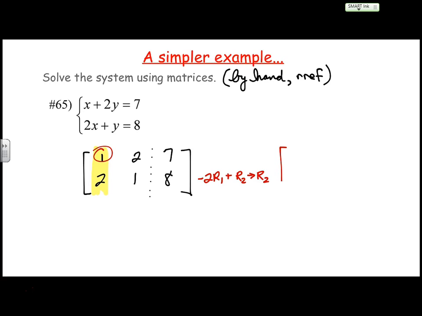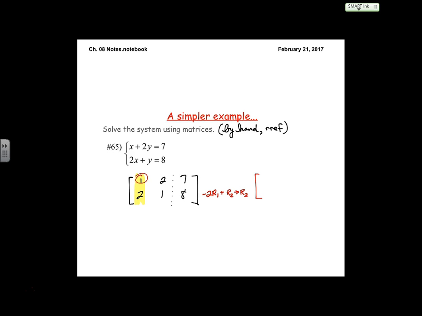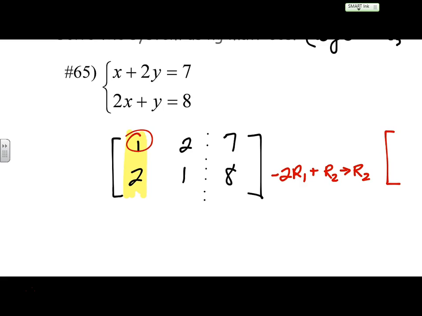So, taking row 1 and multiplying it by -2. If you need to, you can do this off to the side. There is no shame in showing your work. So you could actually do that first step: -2 row 1 plus row 2. You could multiply the top row by -2. So 1 times -2, 2 times -2, 7 times -2.